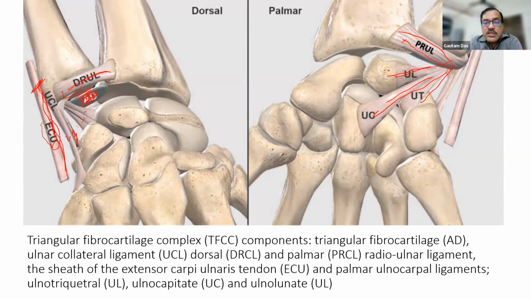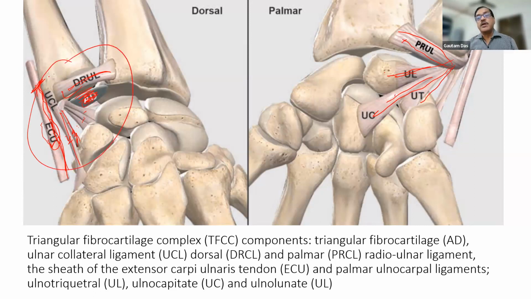Then your 3 intrinsic ligaments: ulno-lunate, ulno-capitate, ulno-triquetral, 1, 2, 3. And then these 3 layers: the sheath of the extensor carpi ulnaris, the ulnar collateral ligament and the meniscus homolog. So you'll be able to see all these structures in the TFCC.